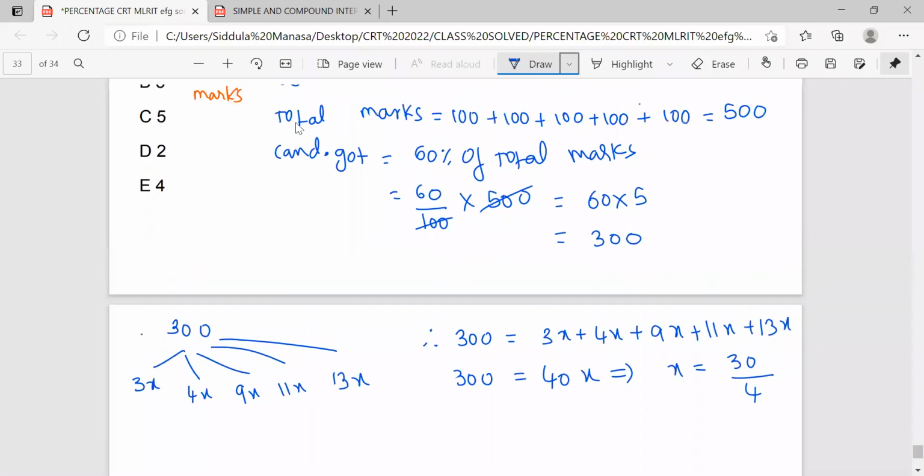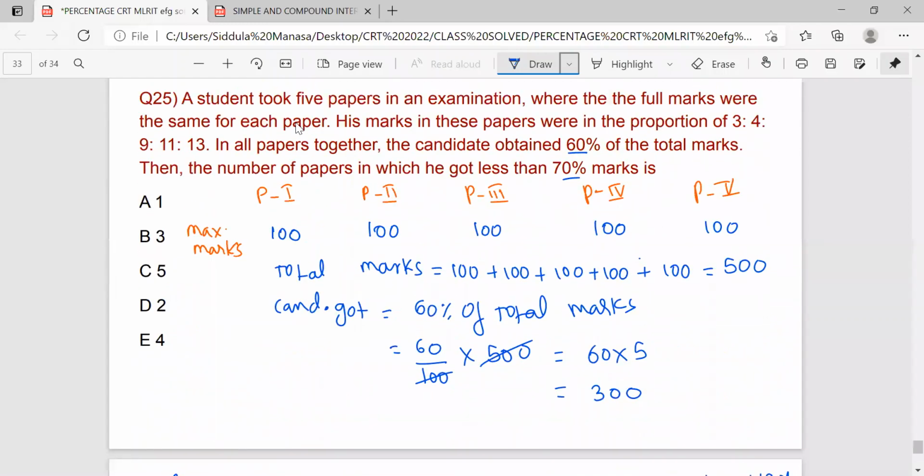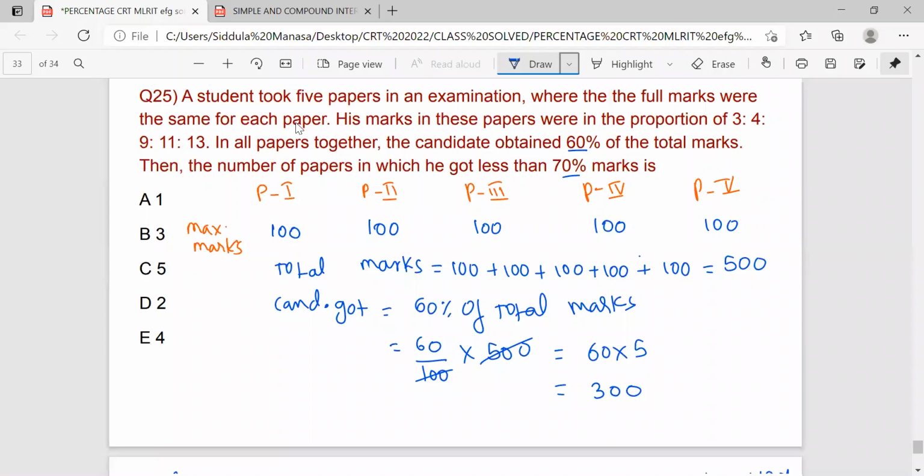Now what is asked? The number of papers in which he got less than 70%. 70% means, since each subject's maximum marks is 100, 70% of 100 is 70. That is our target.